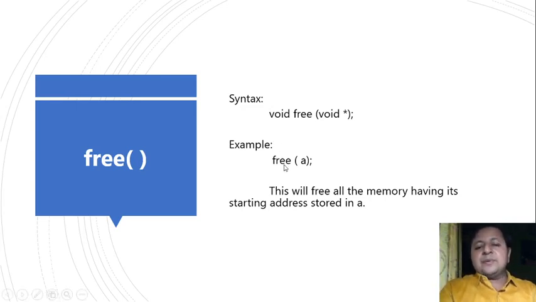For example, free a: a contained the starting address of the dynamically allocated array. Once we say free a, it will not remember the starting address. It will discard the starting address. If the starting address is not available, the complete array is as good as free. It is deallocated. This is a simple way to allocate and deallocate dynamic memory.